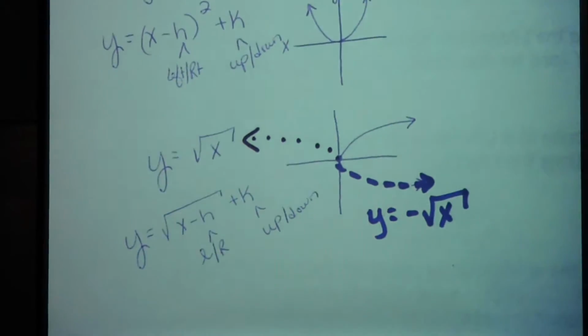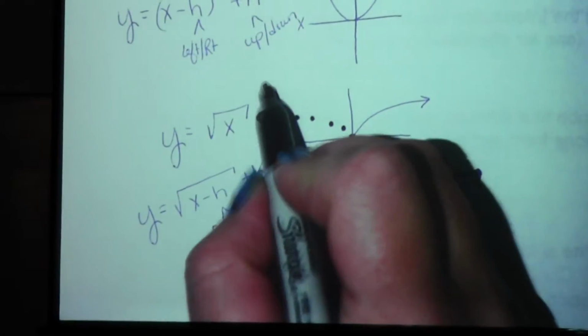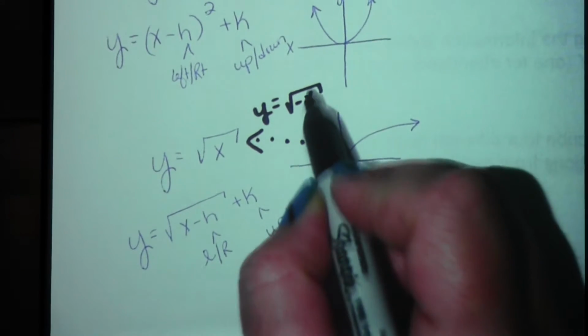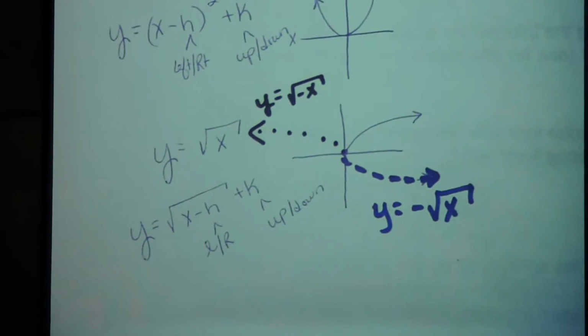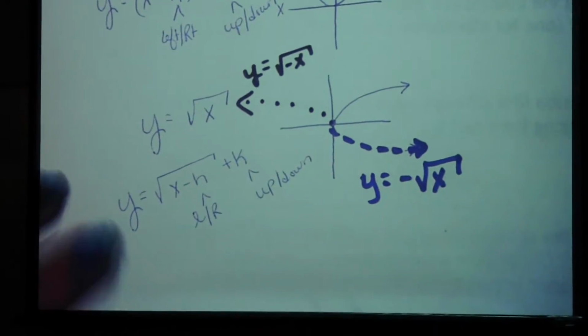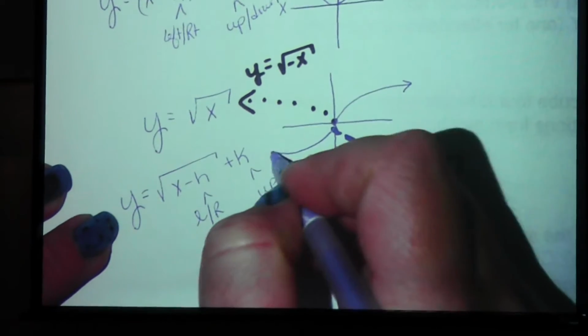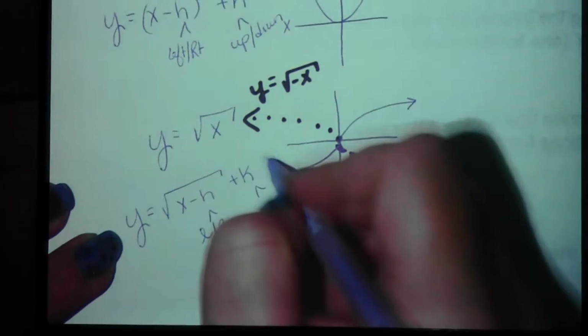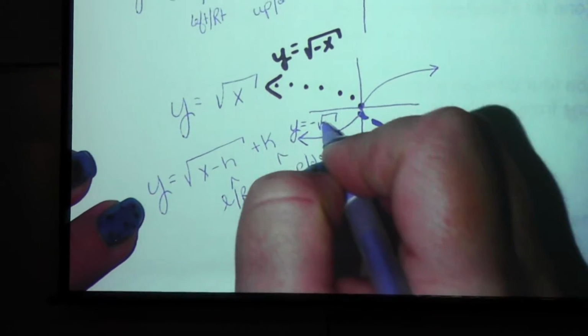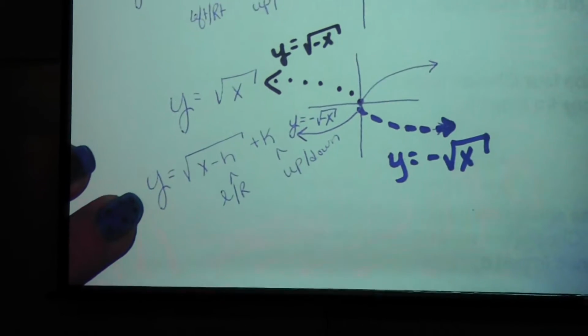If we wanted to flip it over our y-axis, it was y equals, good job, the square root of negative x. And if we were really feeling especially tricky today, we could even flip it down here. And when we flipped it down here, it would have been y equals negative the square root of negative x. So negative, negative.